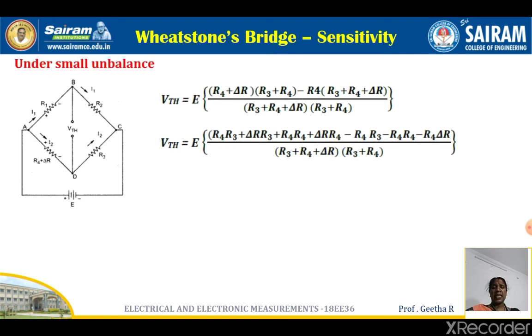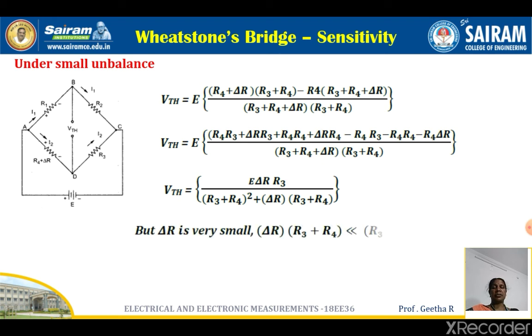When that is substituted and you cross multiply, you get R4 plus del R, and when that is expanded you can see many terms get cancelled. Finally you can write VTH is equal to E del R R3 divided by R3 plus R4 the whole square, divided by R3 plus R4 plus del R. When del R, the change in R4, is very small compared with R3 plus R4, that del R can be eliminated.